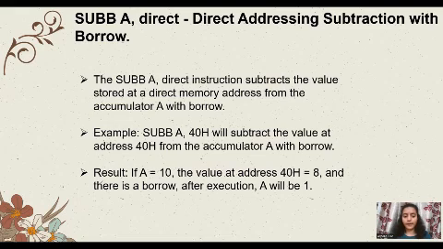For the result, if A is equal to 10, the 40H value I assume as 8, and there is a borrow, then after the execution I will get the A value as 1.